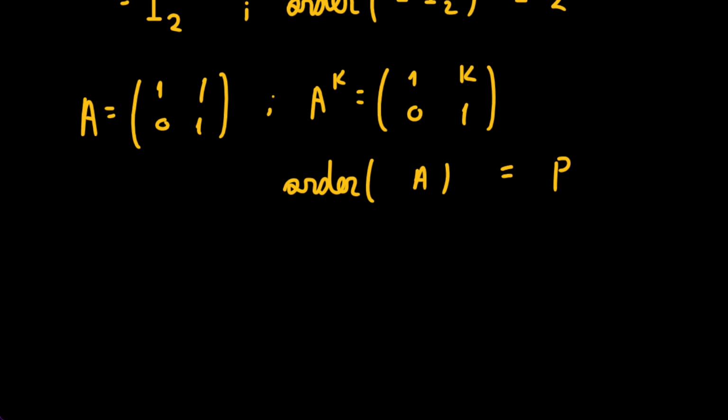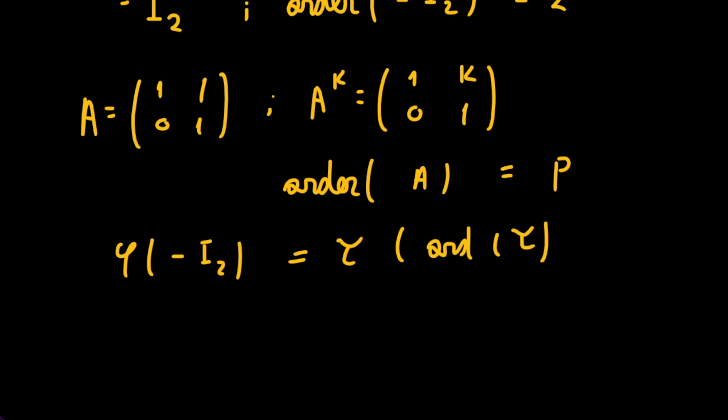But right now, because this is an injective function, I know that it will send this matrix to a permutation, let's call it tau, of order 2 also. This is the main thing that I note here, order, because I want to have a little comparison between GL2 and SP.